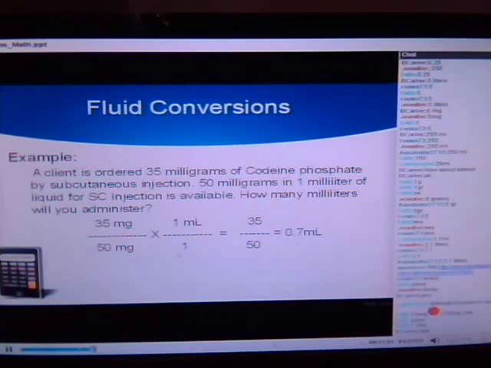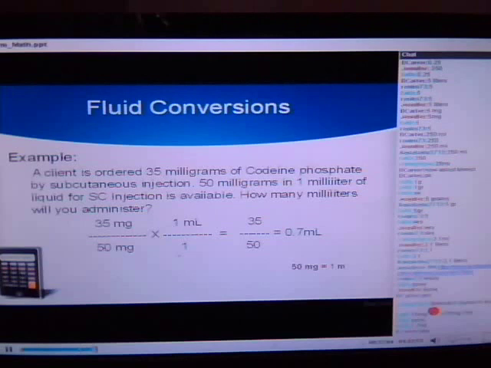A client has ordered 35 milligrams of codeine. Oh, lucky client. Subcutaneous injection. 50 milligrams in 1 milliliter of liquid for the SC injection is available. How many milliliters would you administer? So you want to set it up the same way.